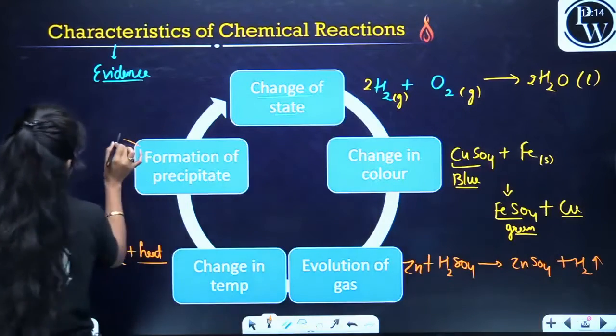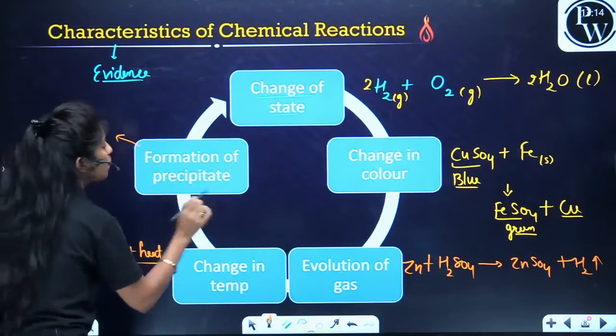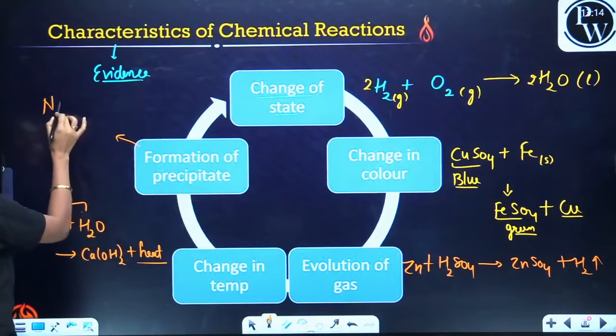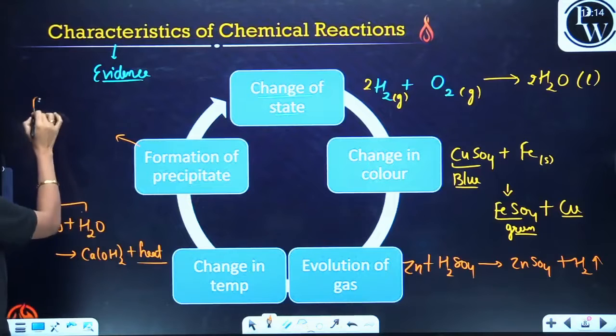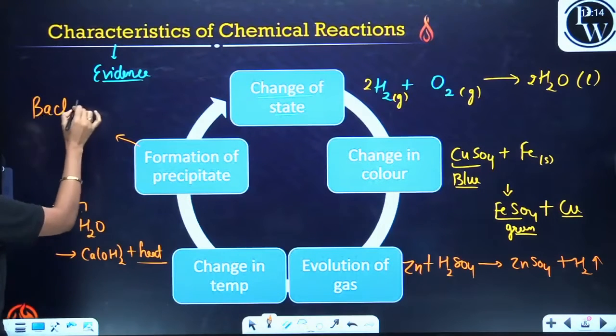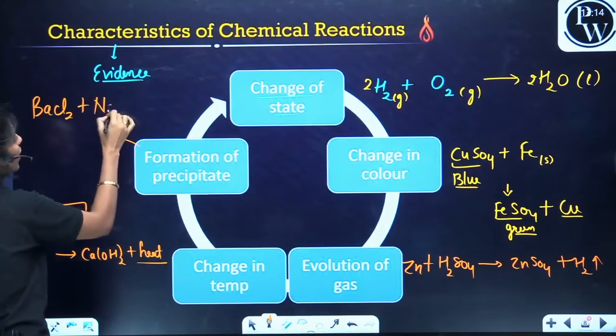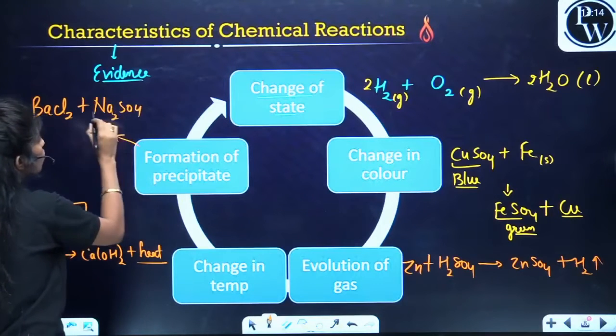Last, formation of precipitate. Suppose I have BaCl2 plus Na2SO4, which is barium chloride and sodium sulfate.